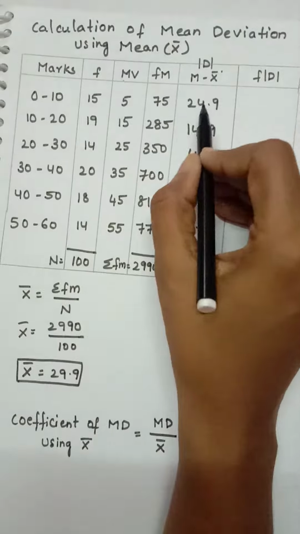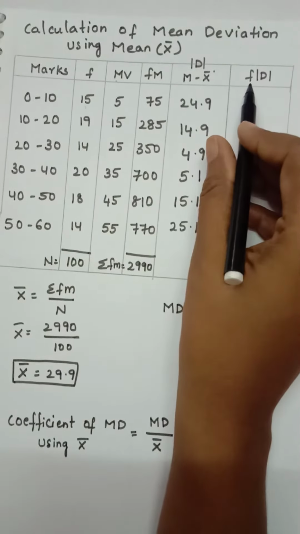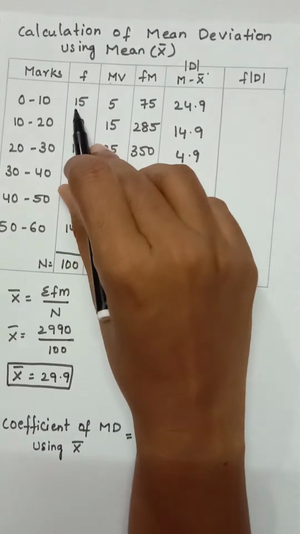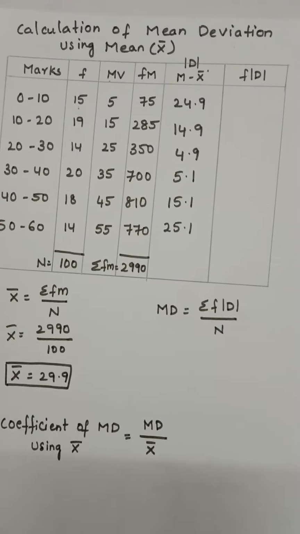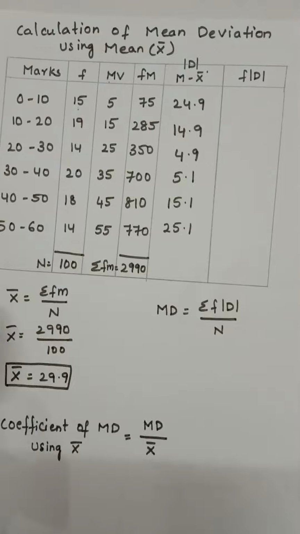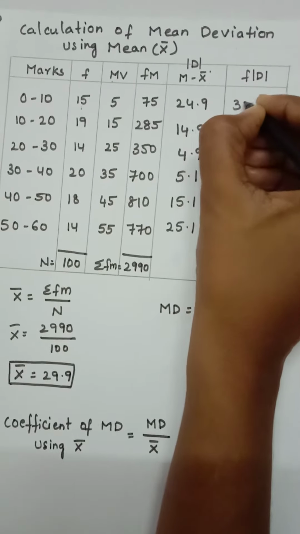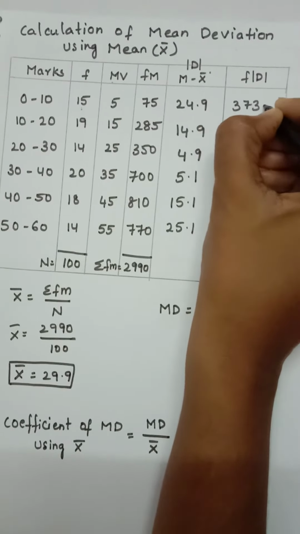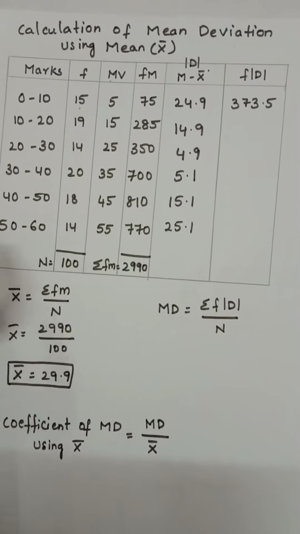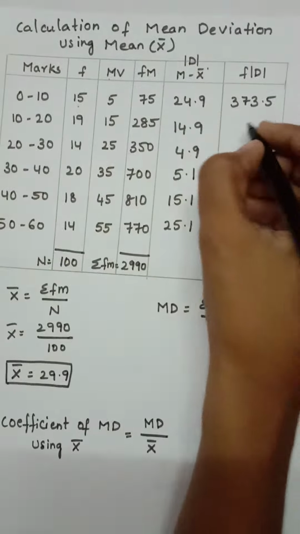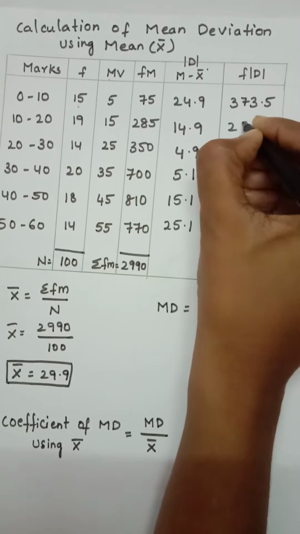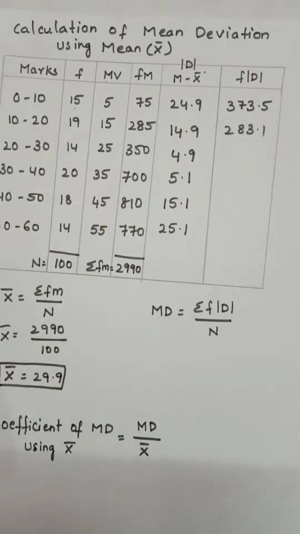After this we need to multiply with frequency: f mod d. So 15 into 24.9 is equal to 373.5. Next 19 into 14.9 is 283.1.